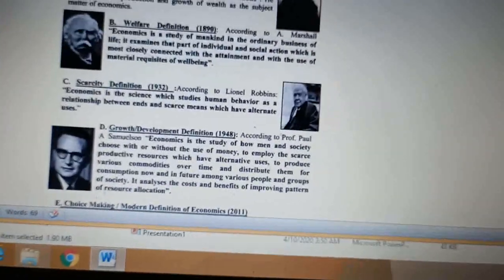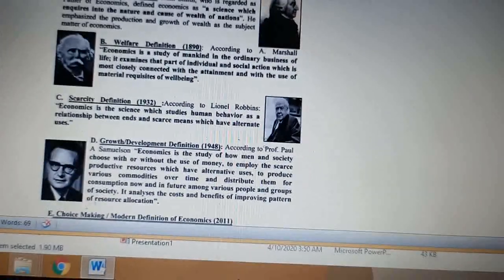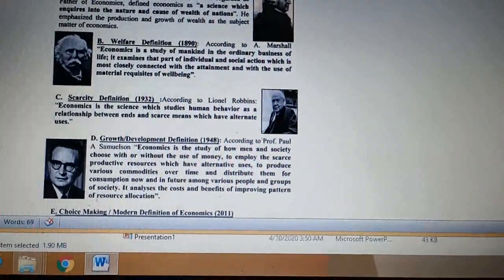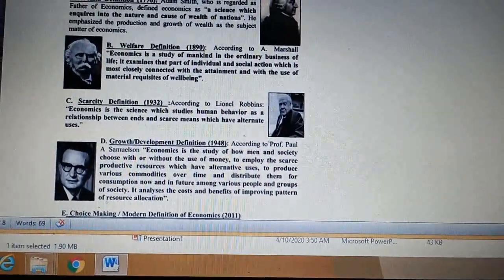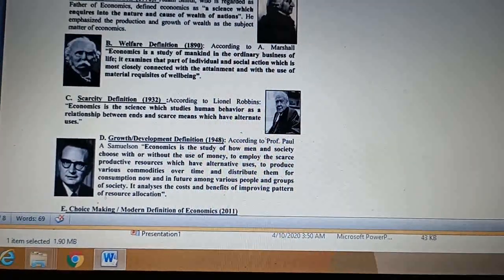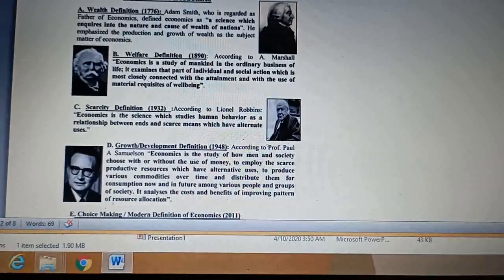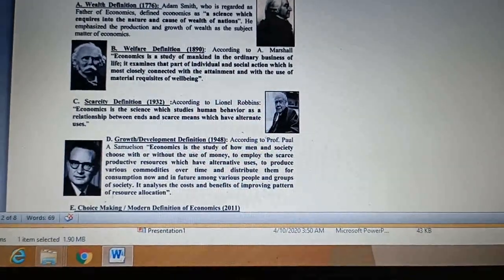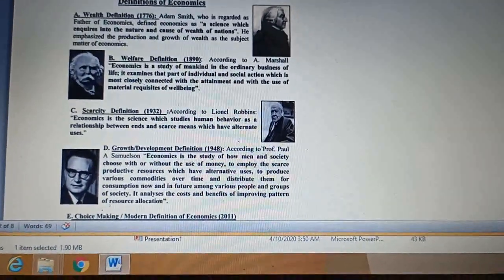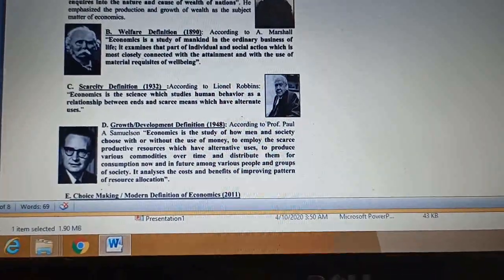What does it mean? He talks about how unlimited wants can be satisfied with limited resources, maximum number of wants, keeping in mind present and future, without or with use of money. Basically what he does, he incorporates all the definitions of earlier economists and gives a new definition in the new era.